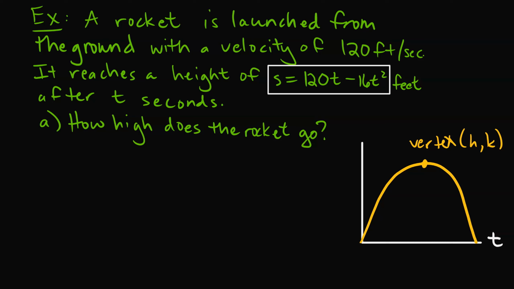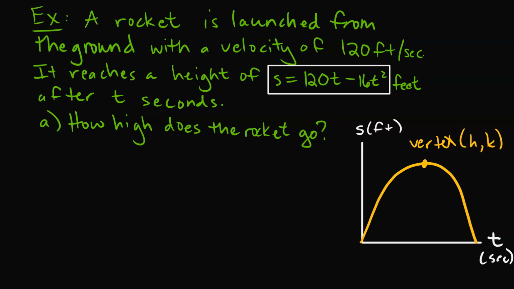So our horizontal axis is t for time. The vertical axis is position, and that's in feet. We can note that our time is in seconds. Okay, so how high does the rocket go? We need the formula for the vertex. Very soon in this course, we'll be able to find the vertex using derivatives, but for now, we don't have that tool, so we'll just use pre-calculus.